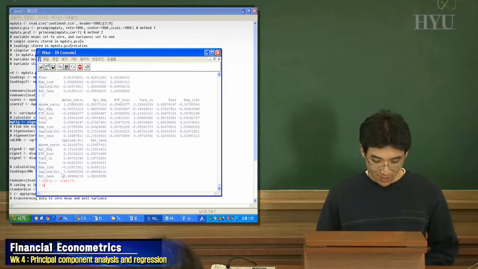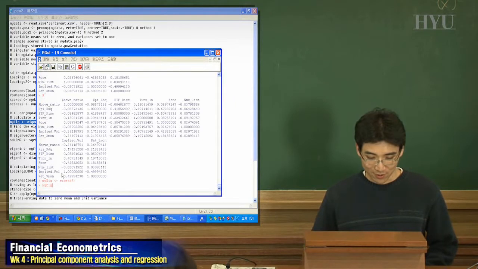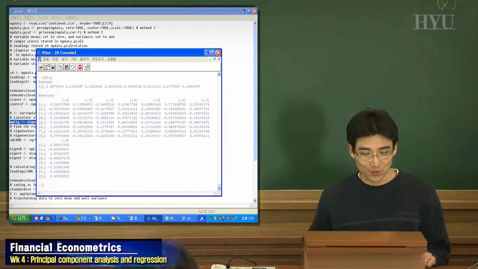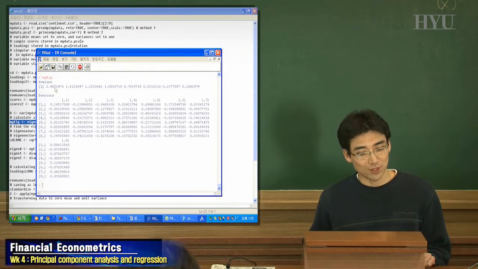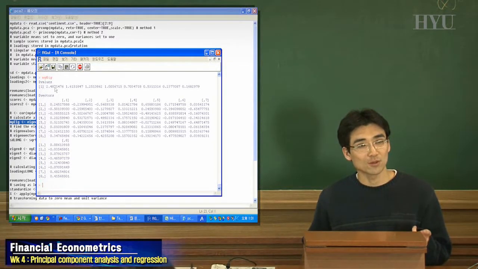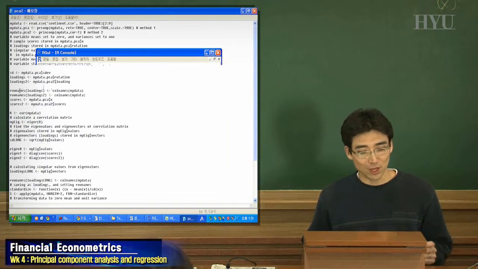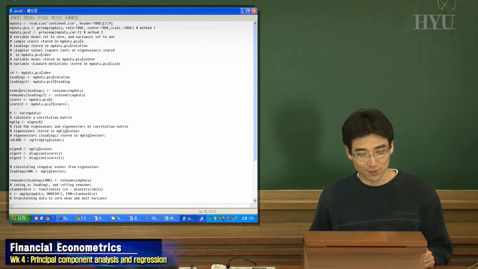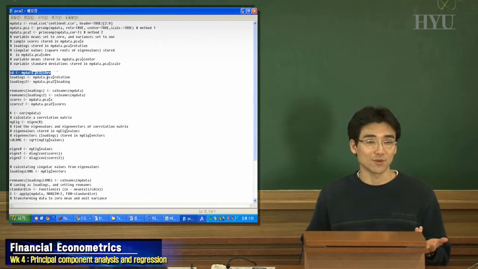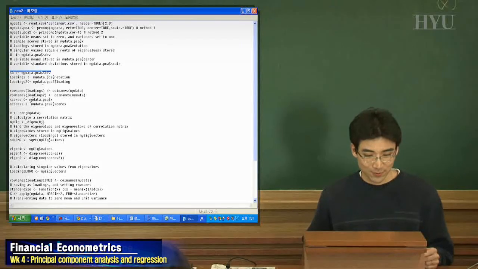So let's type my eigen analysis. So this is my eigenvalues. Each eigenvalue is the variance of each principal component. So in the previous output, where is it? This one, it is the square of this item. I will compare that shortly.